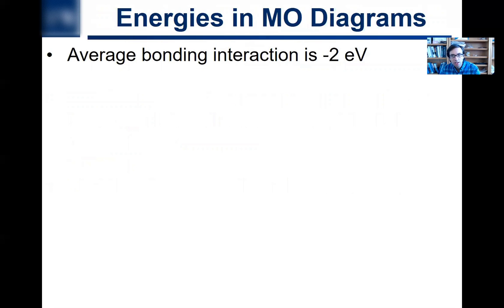So I want to go a little bit more into detail into the energies in MO diagrams. So far, we've been pretty qualitative. We say things with similar energy and same symmetry mix. That's true, but we're just going to get a little bit more quantitative here. And if you really want to get quantitative, you have to do the calculations, right? You have to evaluate those integrals.